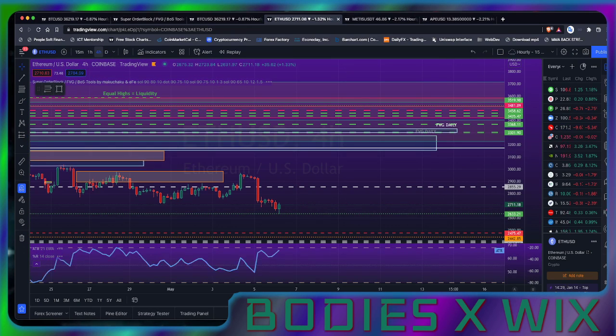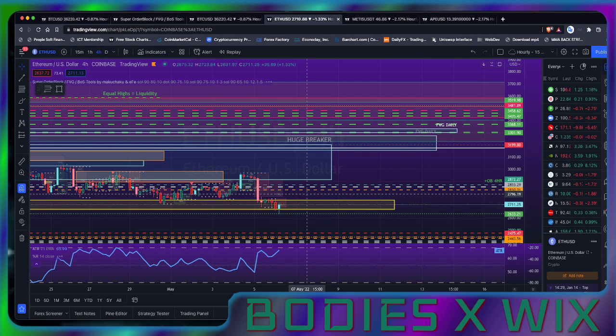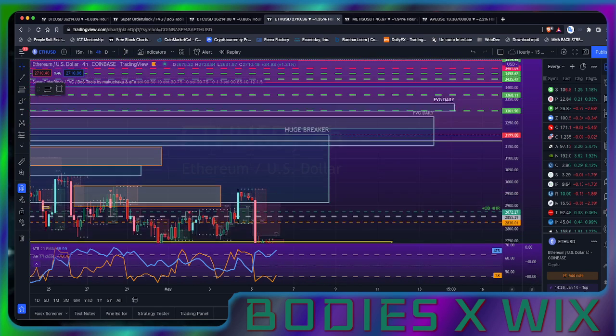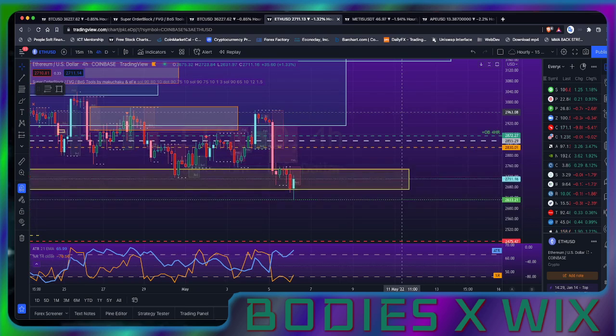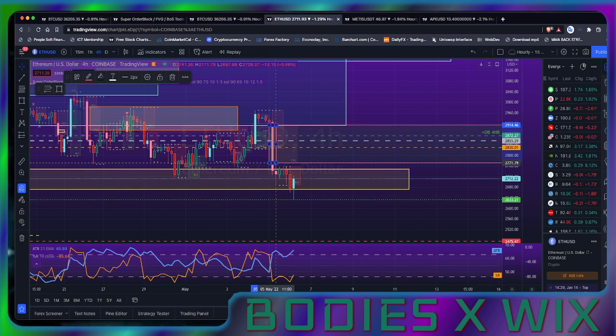Let me get in the 4-hour and see what they've got going on here at the 4-hour. High volume candle, of course, is taken up and off. Looks like there's some equal highs here too. Could be going just past those into the next fair value gap, which would be right here in between 27.71 and 29.14.